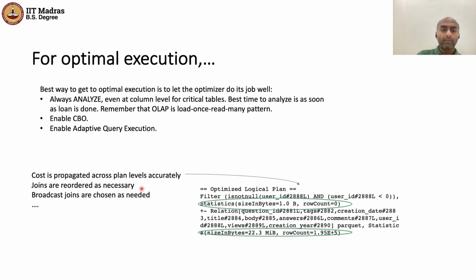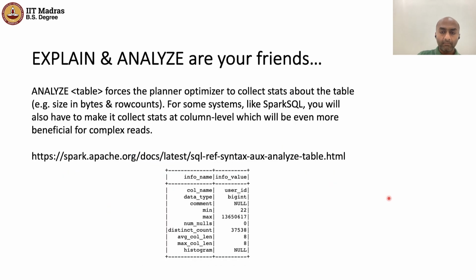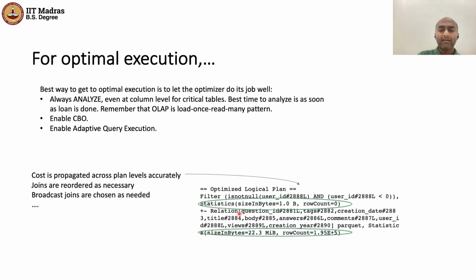But then, because the analysis has happened correctly at the column level, and there is a filter at the column level which says user ID is less than 0, we find that because the user ID minimum itself is 22, the plan itself can say that this filter will result in 0 rows, right?